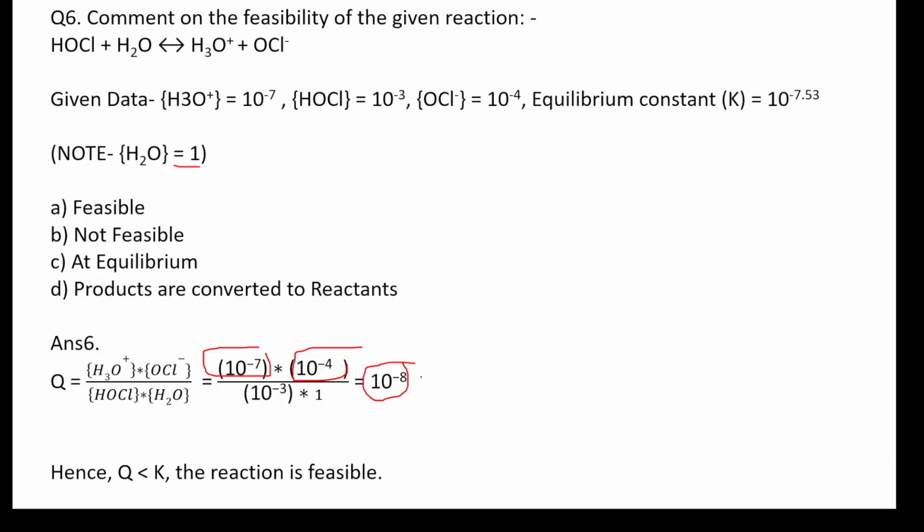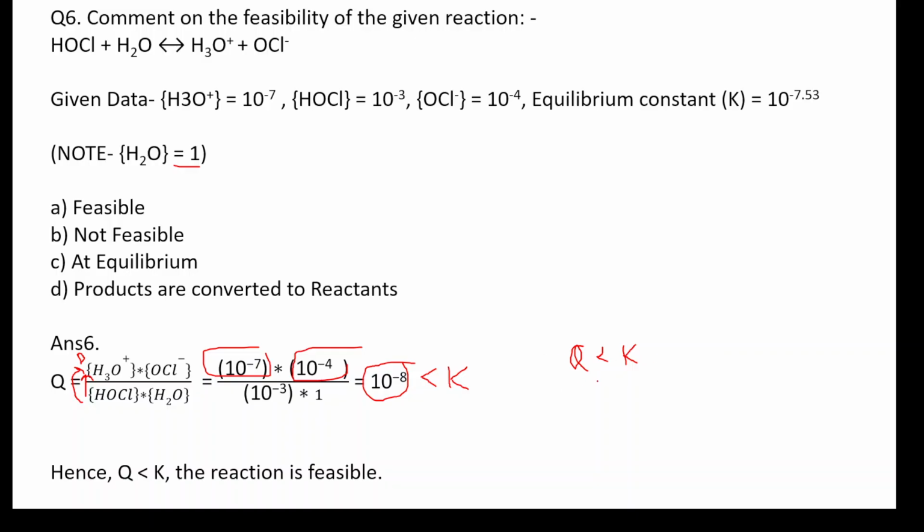Now as you can see, the reaction quotient is less than the equilibrium constant. So when Q is less than K, what happens? To reach equilibrium, more product is required. It means the reaction can go in this direction. More reactant can be converted to product, right?